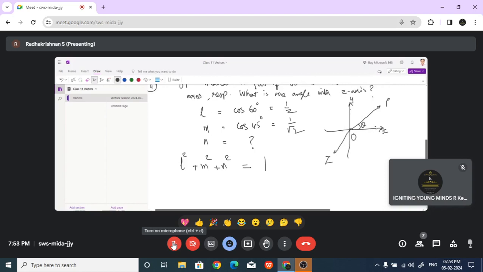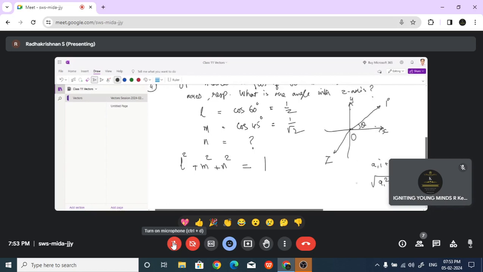So the sum of squares of all these three will be equal to the length of the vector, right? Because we know that in any vector a1i plus a2j plus a3k, its magnitude is given by root of a1 square plus a2 square plus a3 square.